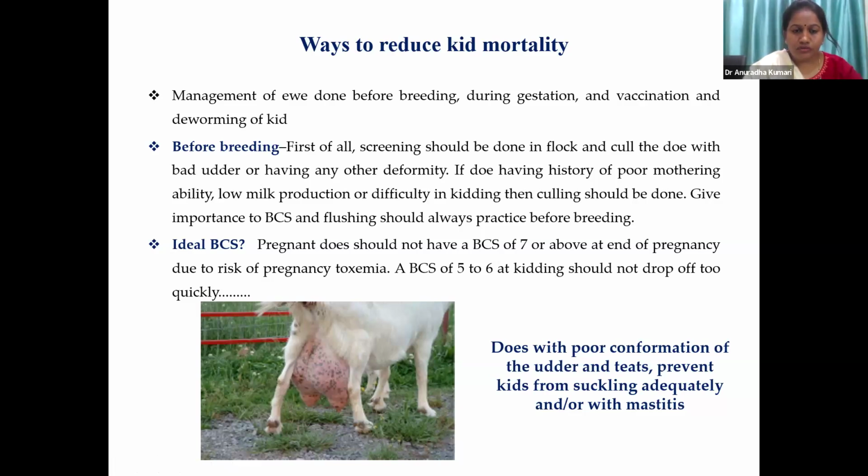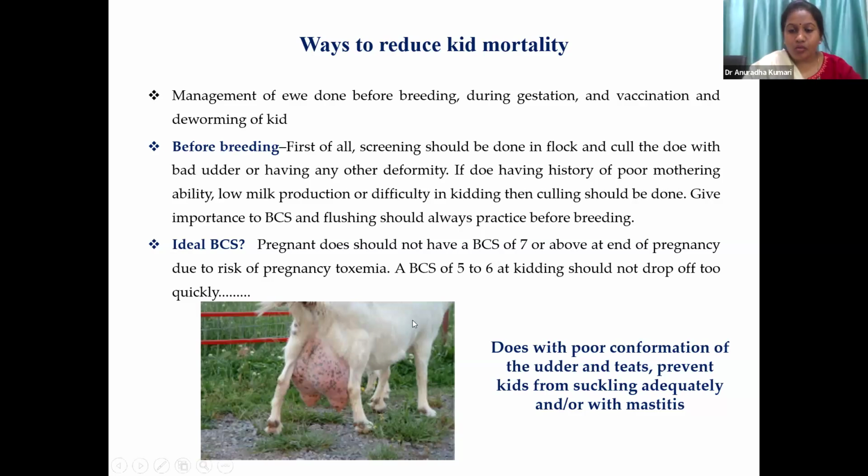At the time of selection, the most important thing is the BCS, the body condition score of the mother, and depending upon the BCS, flushing can be done. The standard BCS for a pregnant doe should be 7 or below at the last stage of pregnancy, and the ideal BCS at the time of kidding should be in the range of 5 to 7.